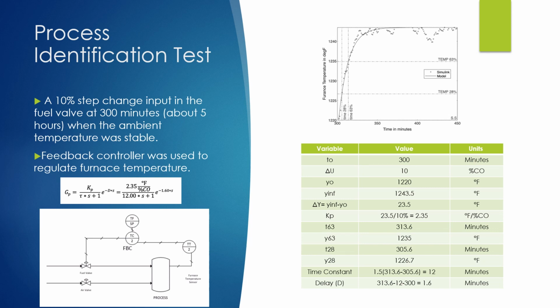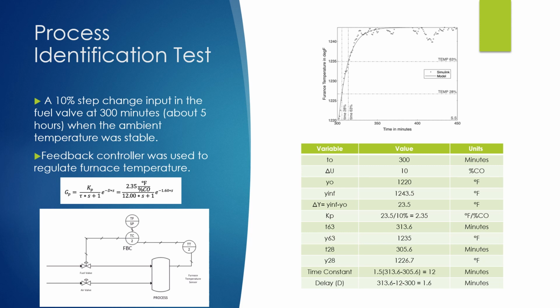Now, because only controlling the reactor temperature failed, we implemented a feedback controller system regulating the furnace temperature by manipulating the fuel flow valve. As we can see, we followed the same strategy as with our first process identification test, where we made a 10% step change input at around 300 minutes into the test.